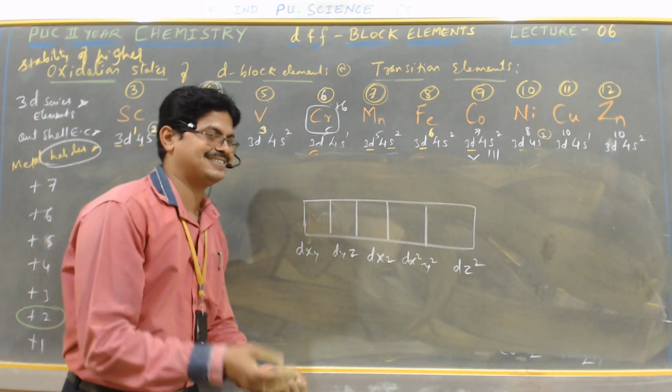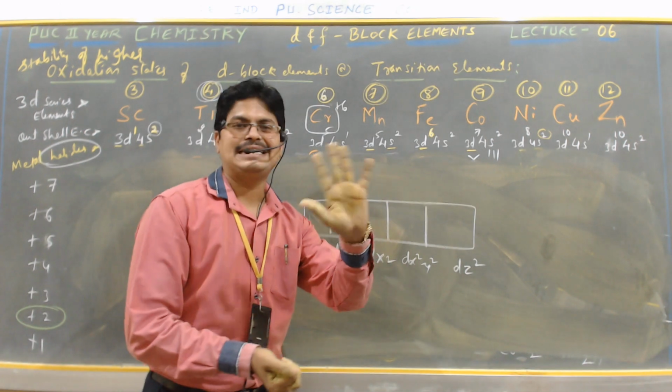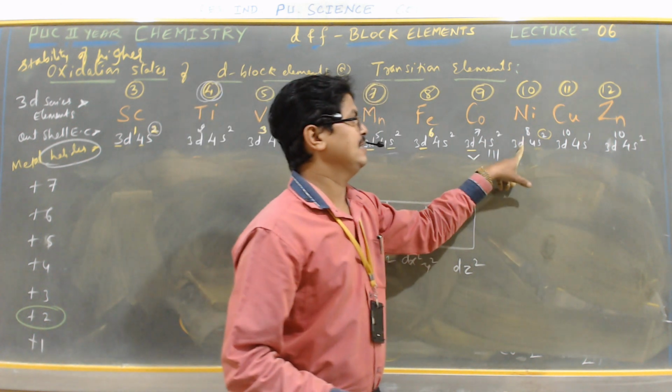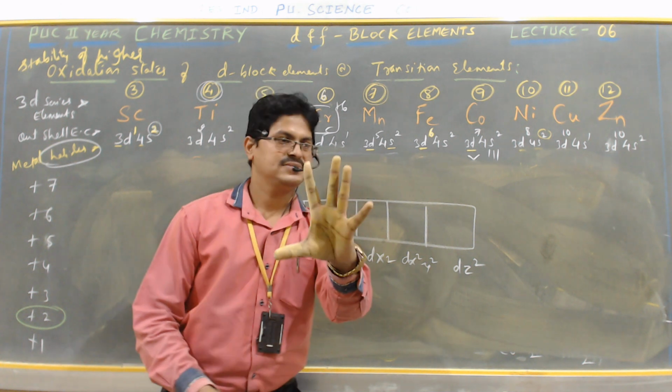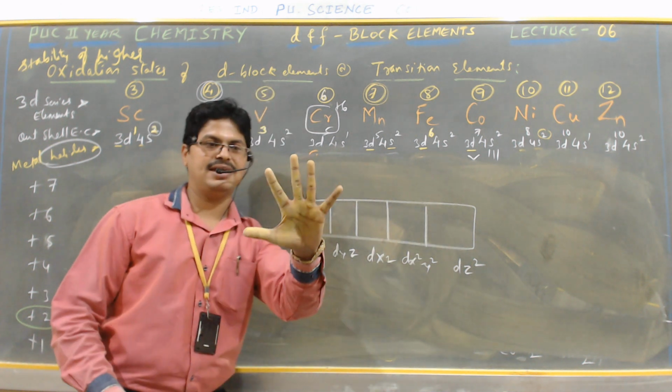I told you that there are d8 electrons in nickel. In that, consider these orbitals as fingers, 5 fingers.